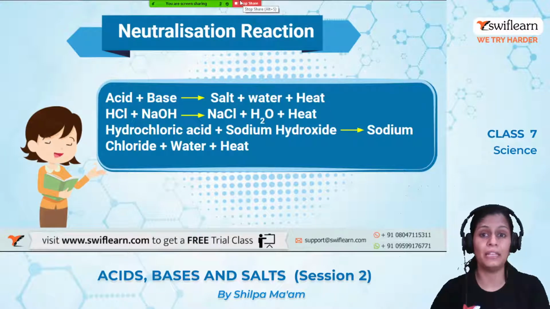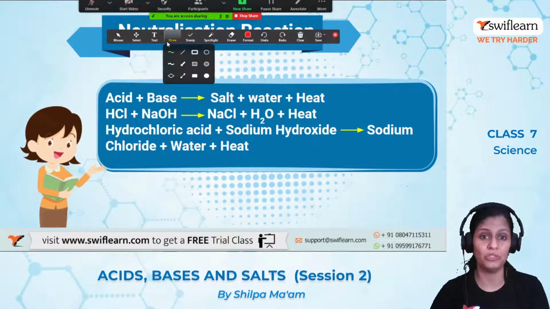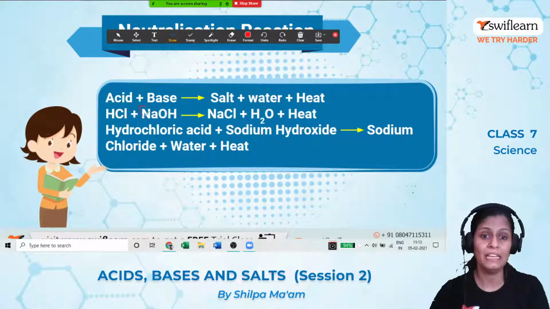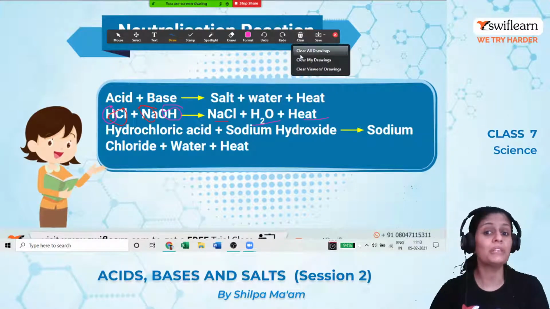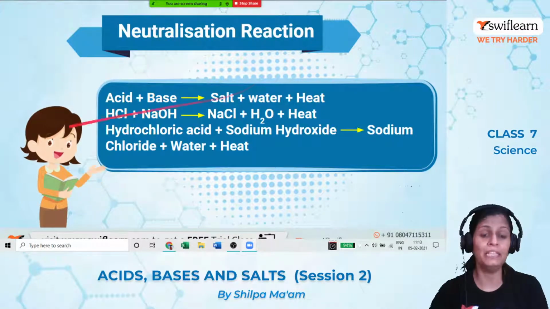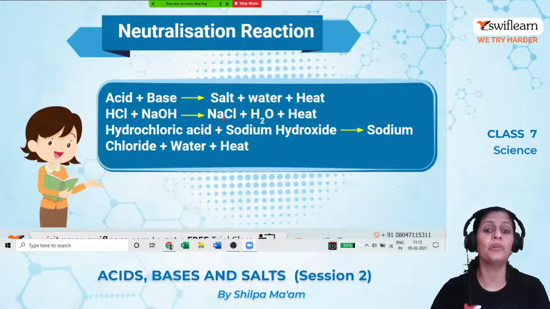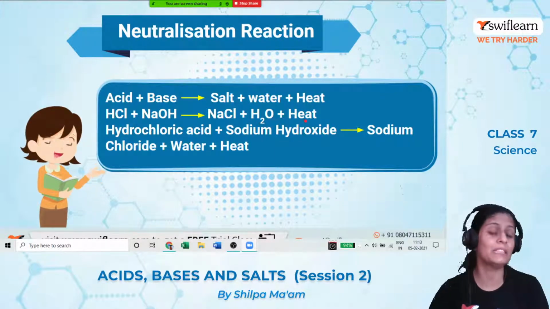When they combine to form a salt, Na combines with chlorine to form NaCl, and the remaining OH and H combine to form water, and heat is also released. So when you combine hydrochloric acid, which is an acid, with a base, sodium hydroxide, they combine to form NaCl, sodium chloride, a salt, plus water, plus heat released.